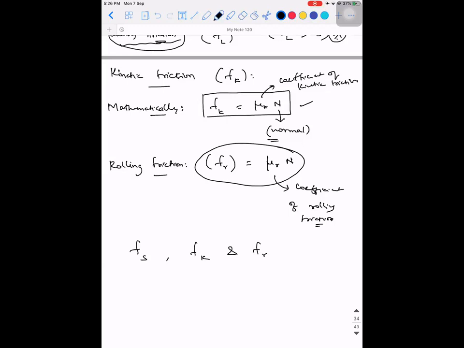Yes. So we can write it like this: FL is greater than or equal to Fs, which is definitely greater than the kinetic friction, which is definitely greater than the rolling friction. Next question is, what is the reason for it?